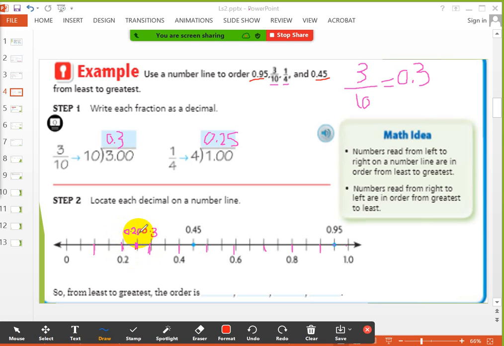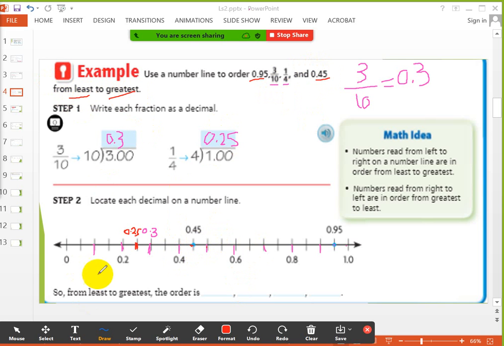Now the last thing, 0.45. It will be between 0.4 and 0.5, in the middle between those numbers. Now, can I order the numbers from the least to the greatest?